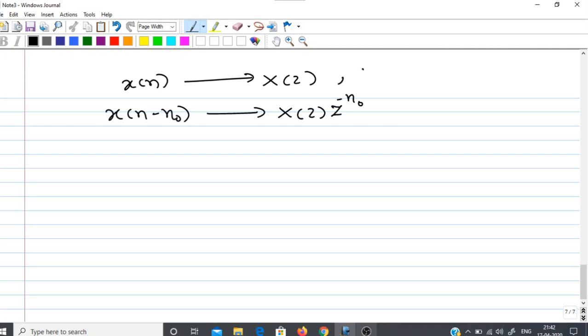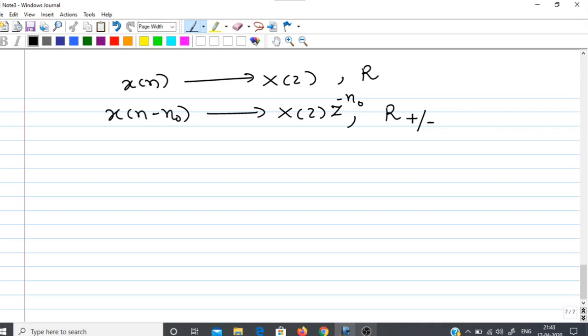If the ROC of X(z) is R, the ROC of X(z) times z to the power minus n naught would be R plus or minus something. That something you already know: exclusion or inclusion of these two points, z equals 0 and z tending to infinity.